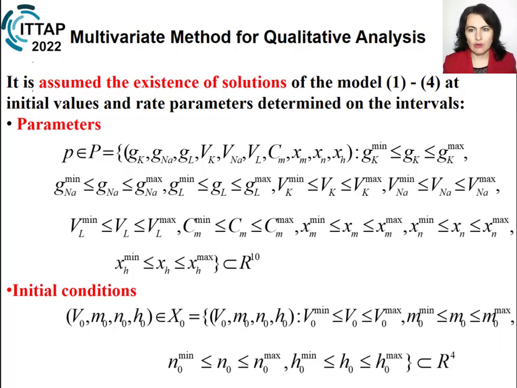Basic idea of the multivariate method for qualitative analysis: we generate initial values and rate constants randomly so that they belong to the range. For each set of parameters, we integrate the system and obtain corresponding trajectories. The decision tree induction algorithm is applied to the results obtained in order to discover some knowledge structure for trajectory classification and prediction.